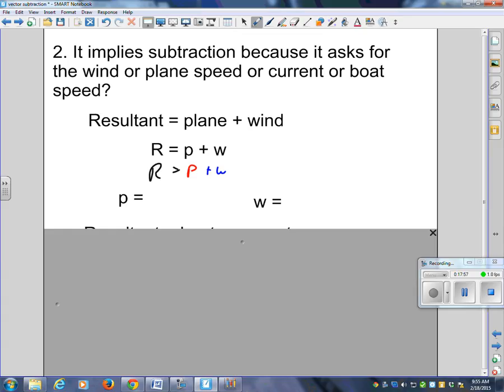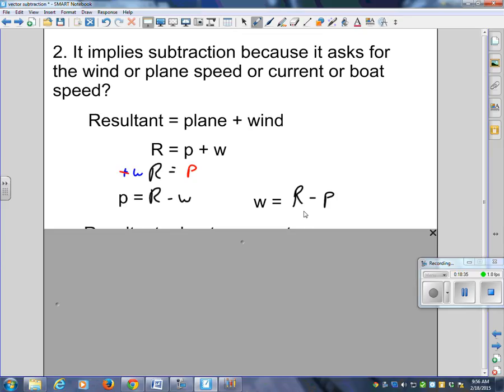If I want the P, I have to get the plus W to the other side, and it becomes plane is equal to R minus W. And the wind, Dylan, is what? The wind speed is going to be R minus P. So if it asks you for the plane speed or the wind speed, you're going to have to do one of those subtractions.